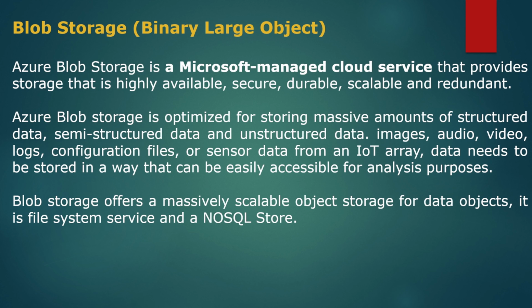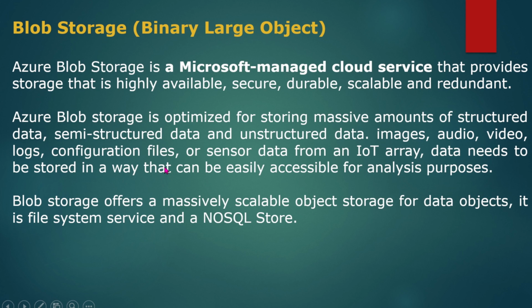It is also used to store or stream audio files, text files, images, configuration files, sensor data, log files, anything. Be it in any format, we'll be able to store that data in our blob storage account.